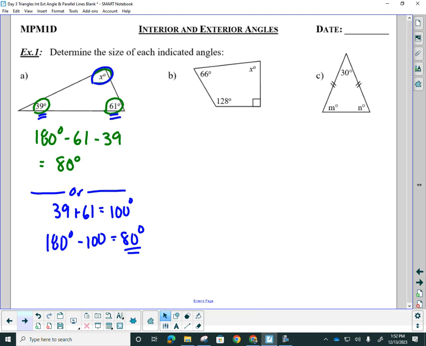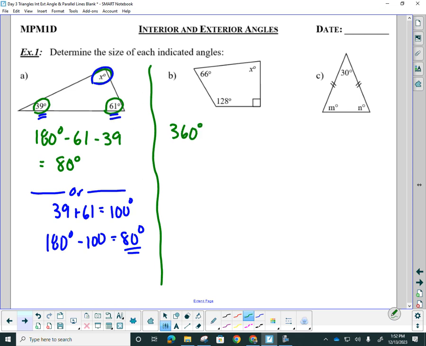So now let's try a second example here. This is a quadrilateral, and remember, a quadrilateral adds up to 360 degrees. The interior angles add up to 360. So if I have 360 in total, I'm going to take away the ones that I know. I'm going to take away 66, I'll take away 128, and I'll take away this one, and I know every one of you knows that that one is 90 degrees.